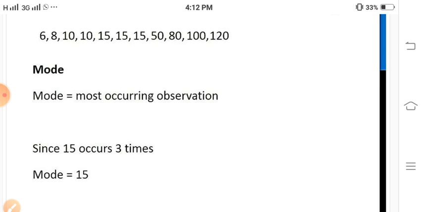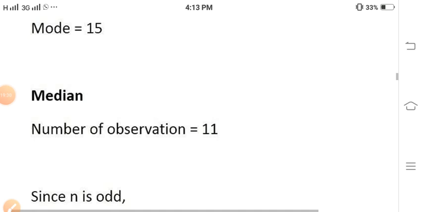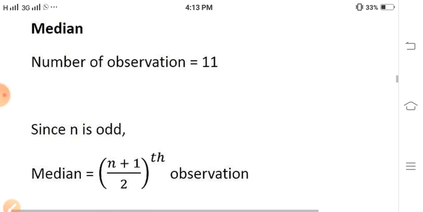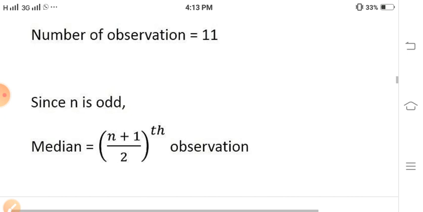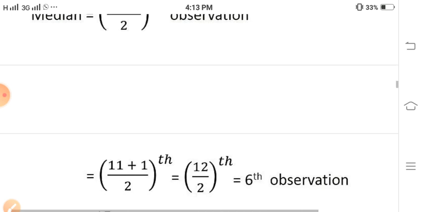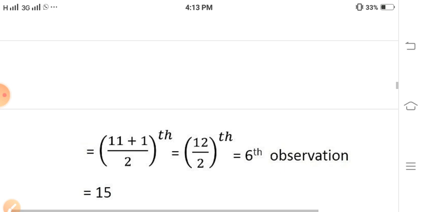We have to check the most occurring observation. Since 15 has occurred 3 times, which is maximum of all, so mode is 15. Now the total number of observations is 11. Since again n is odd, we will use the formula median is equal to (n plus 1) by 2th observation, that is 11 plus 1 by 2th observation, that is the 6th observation.